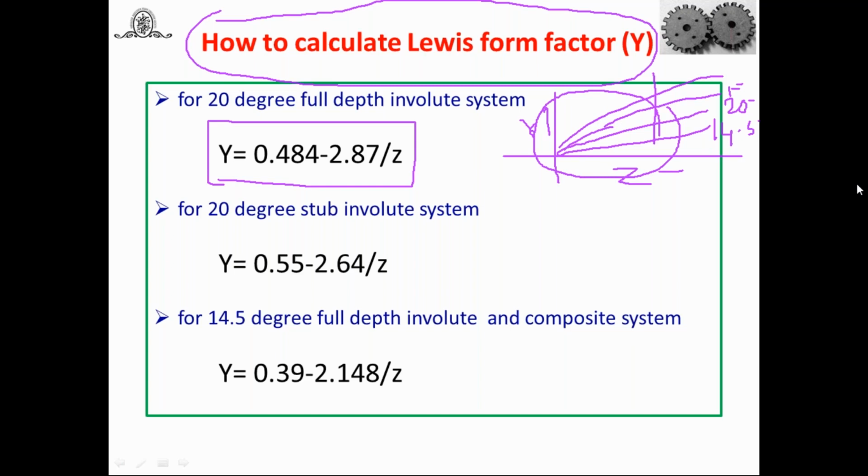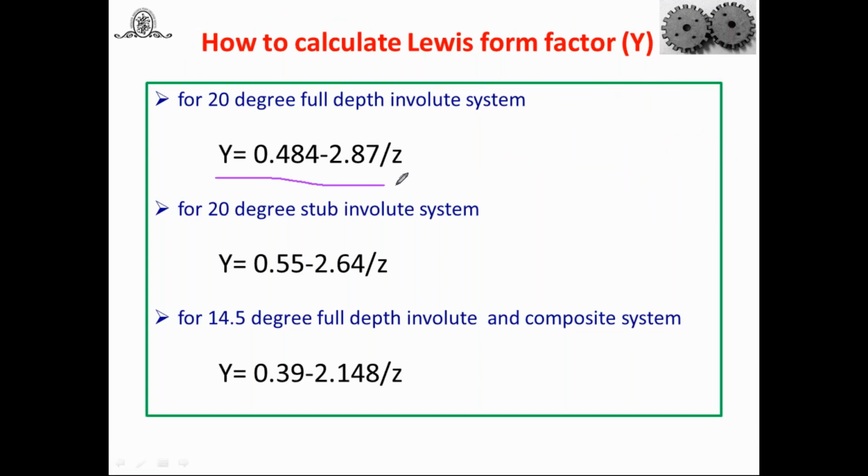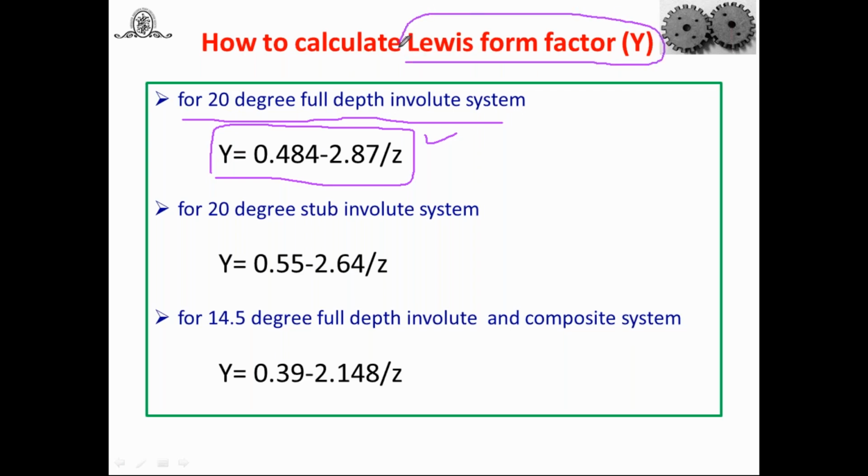Then regression analysis is carried out, and by curve fitting, you can say this empirical relation is derived from this graph or the charts earlier referred to. All these are given in the table from the charts, and based on that, this empirical equation or relation is given to find out the Lewis form factor.